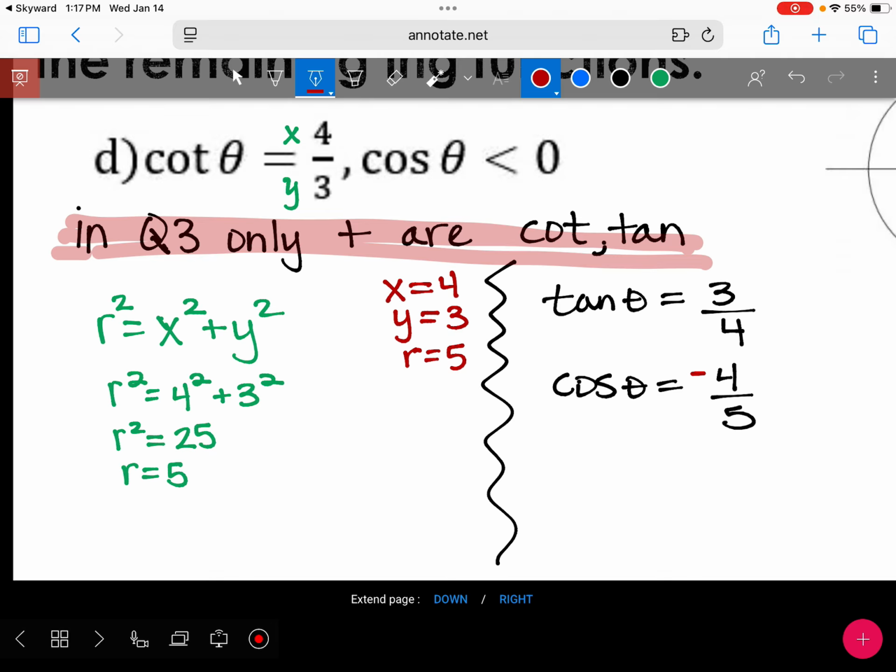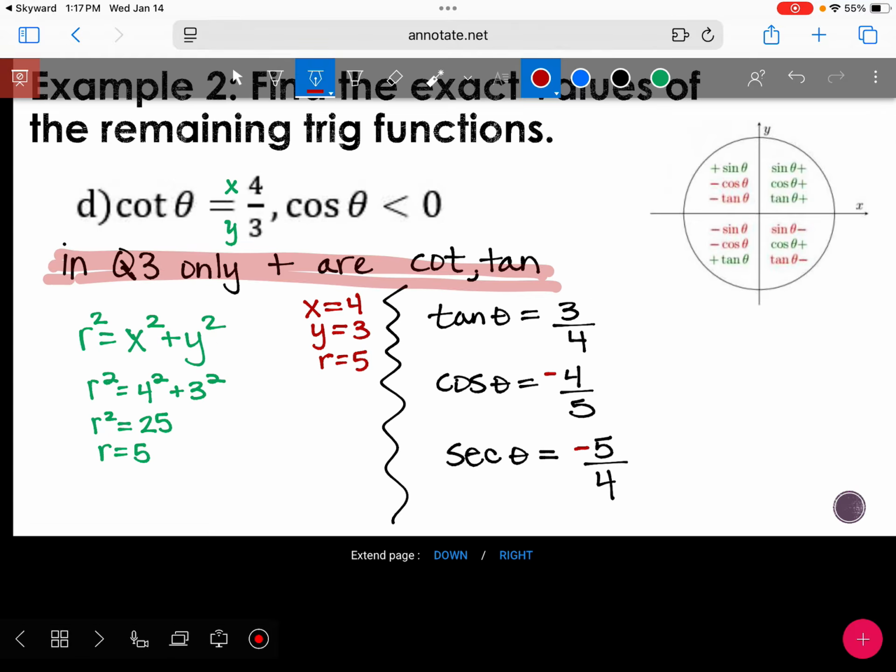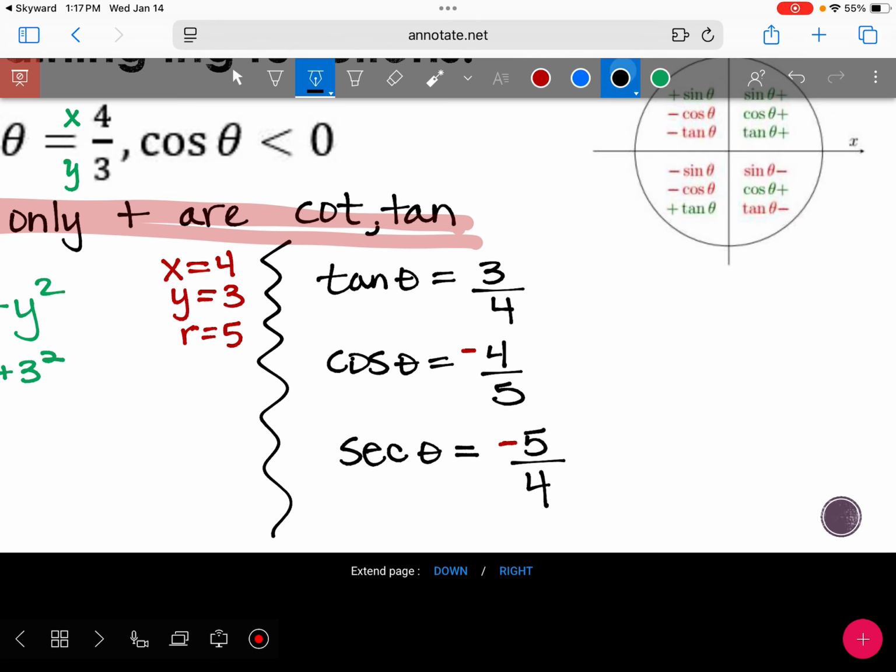The sister to cosine is secant, which is the same thing as R over X. So that is going to be a negative 5/4. All right, next is sine.